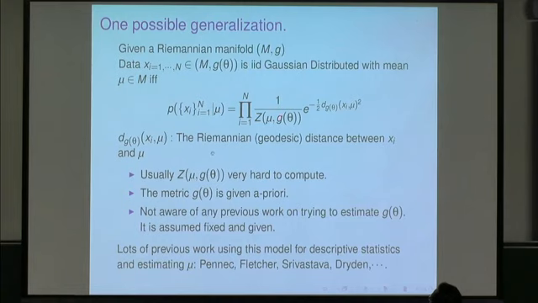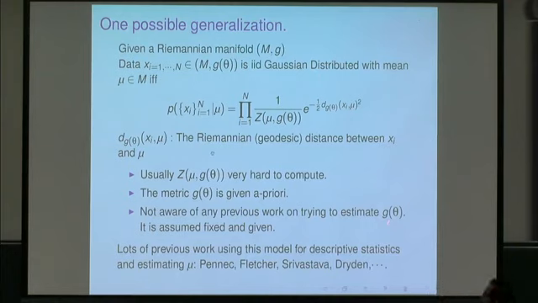This partition function, or normalizing constant, is usually intractable and very hard to compute, and rarely can you have a closed form solution for it in terms of the metric parameterizing the Riemannian distance between your data points and the mean. I'm not aware of any previous work trying to estimate g of theta directly in this framework.